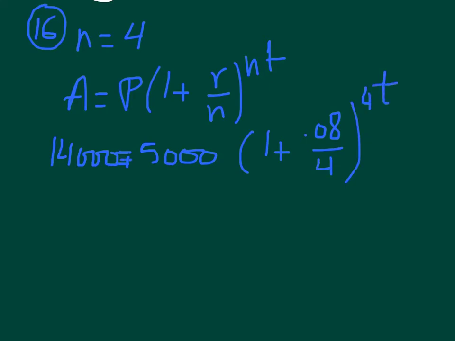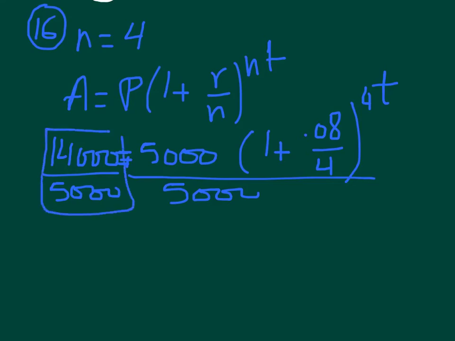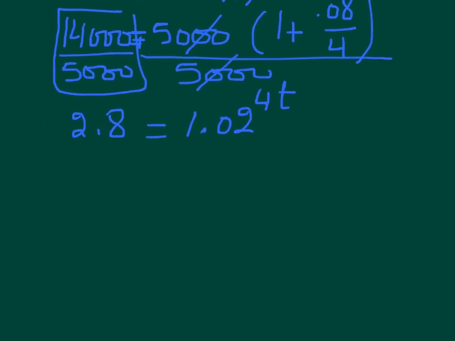So what I'm going to do, I'm going to divide by 5,000 first. And then after you divide by 5,000, we're going to log both sides. This will give you 2.8. 1 plus 0.08 divided by 4 gave me 1.02 raised to the 4t. Now what we want to do, log both sides.